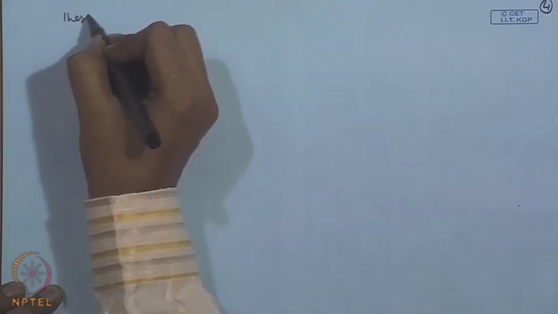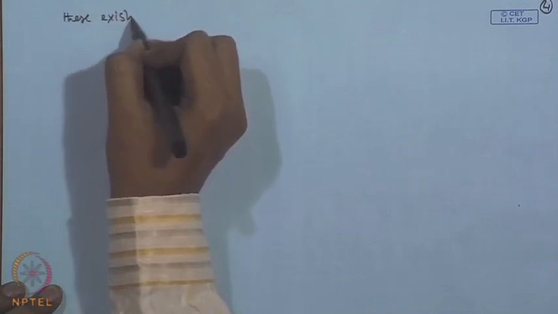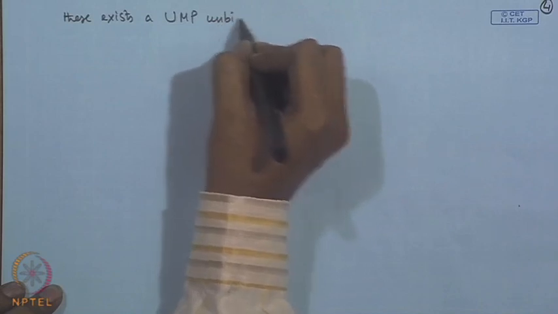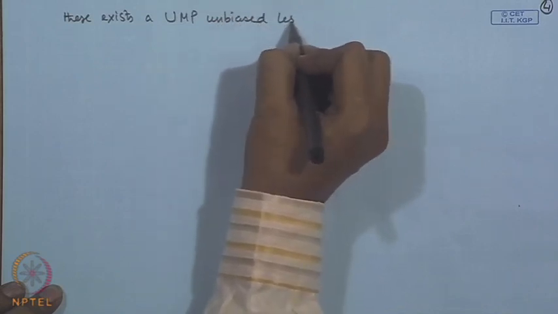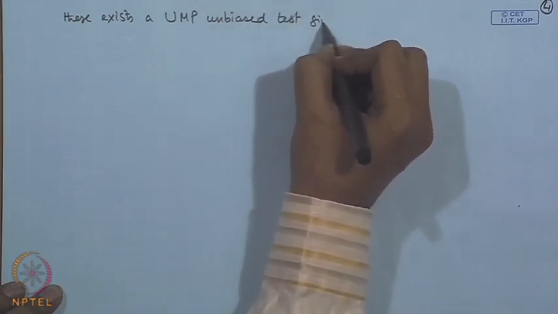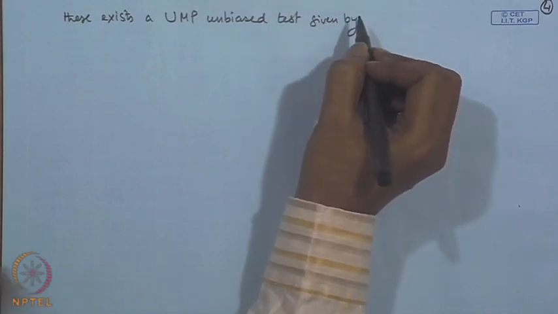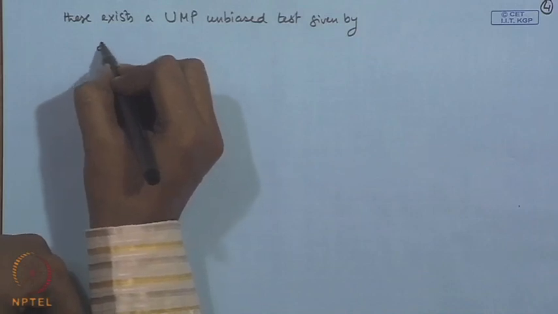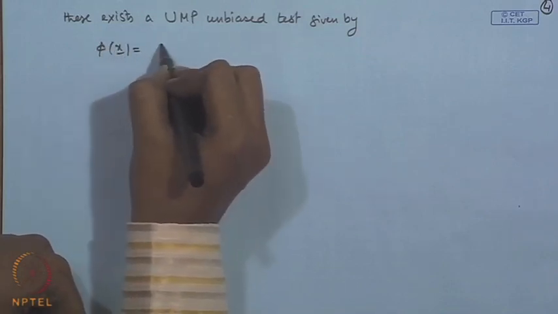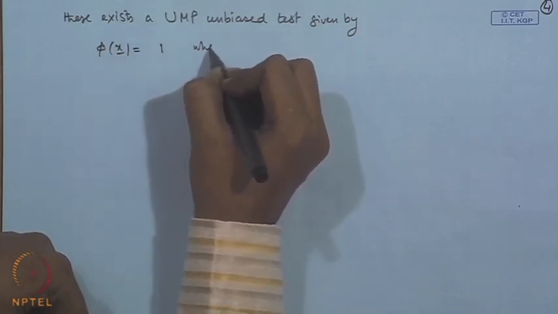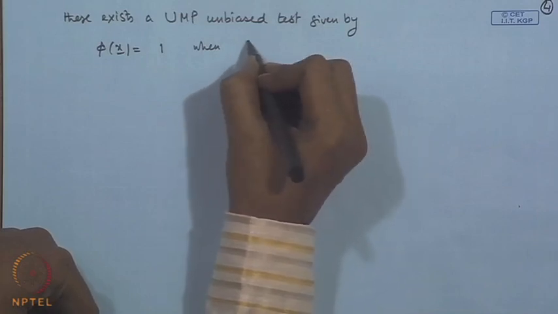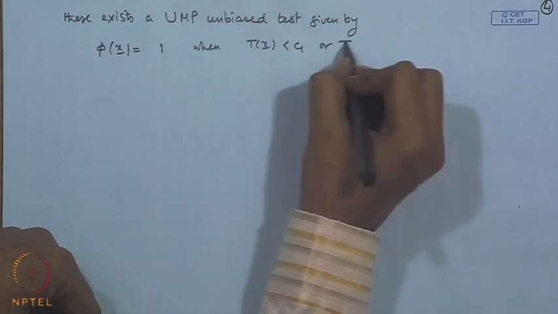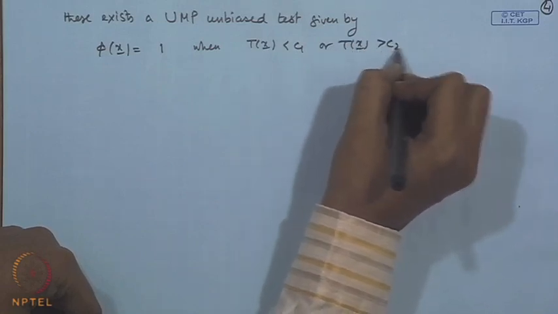There exists a UMP unbiased test given by phi(x) = 1 when T(x) is less than c1 or T(x) is greater than c2.